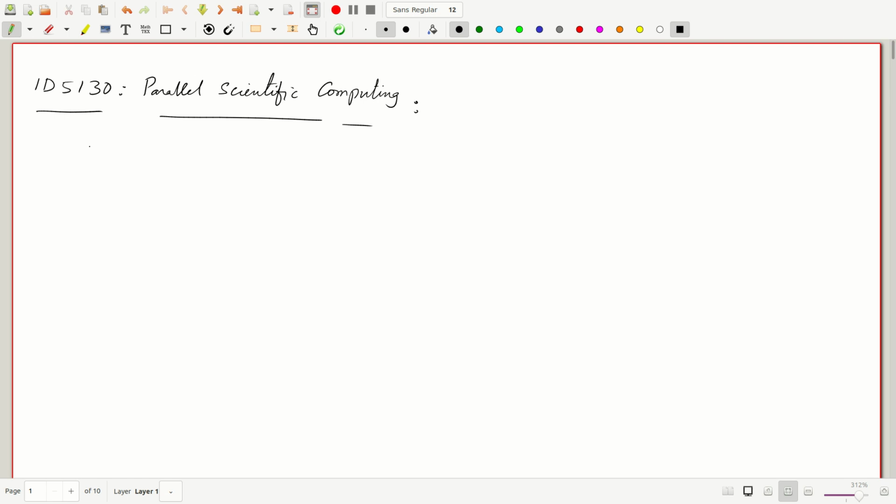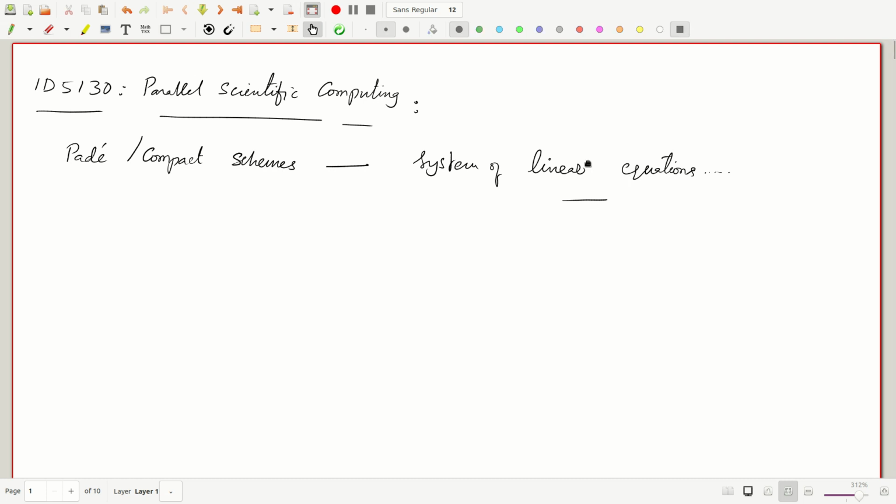As part of that, we noted that if you use implicit finite differences, or Pade or compact schemes, you end up with a system of linear equations, which seems not very straightforward to solve, because you would have to solve the system to get the value of derivatives at all the points in one go. So in today's lecture, let us explore this more.